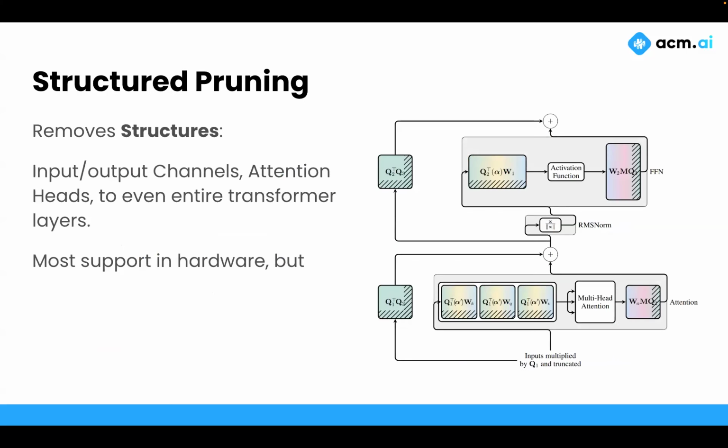So the third way is what's known as structured pruning. So for structured pruning, we just start removing rows and columns, and eventually some papers actually just start removing entire attention heads and layers. So this has the most important part, because this is basically just making your weight matrices smaller and just doing less multiplications.